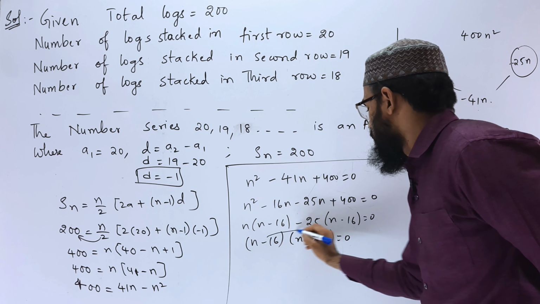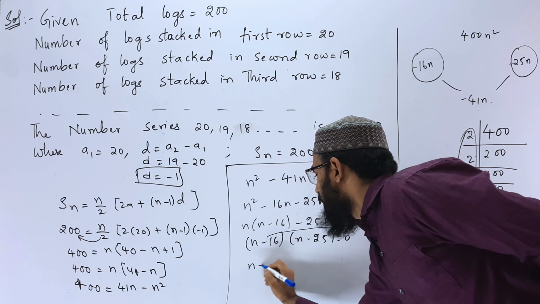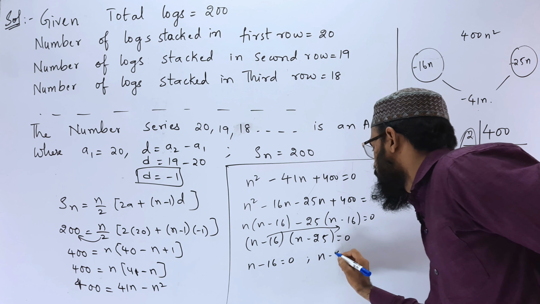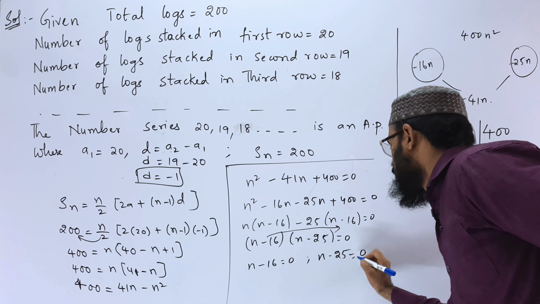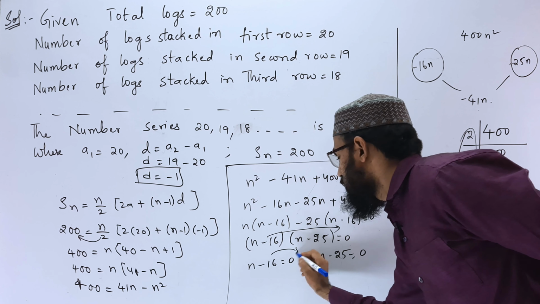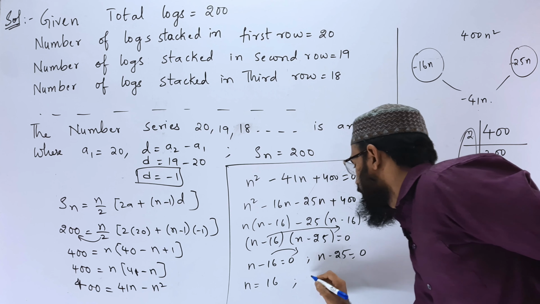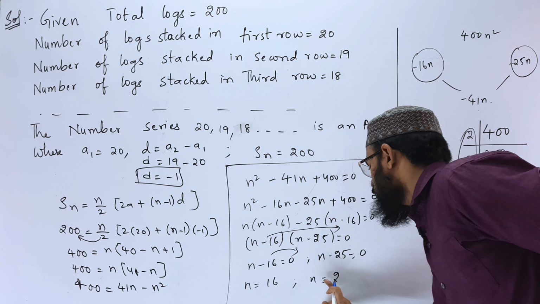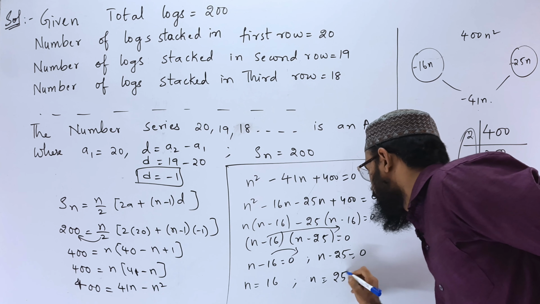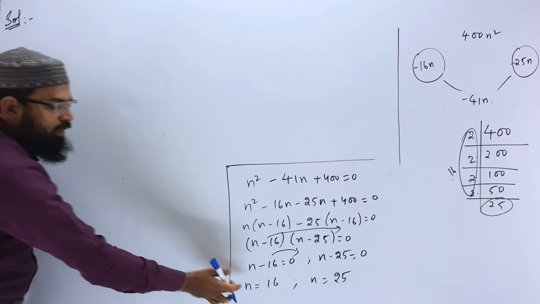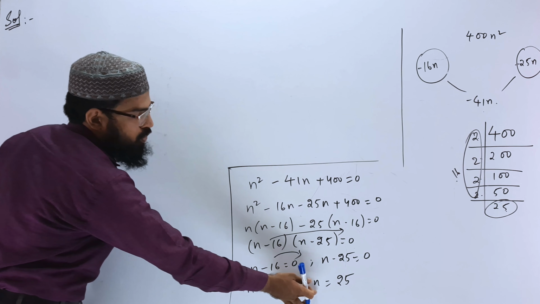Here we can compare this with 0. So n minus 16 is equal to 0 and n minus 25 is equal to 0. Sending the 16 to the other side, n is equal to 16 and n is equal to 25.